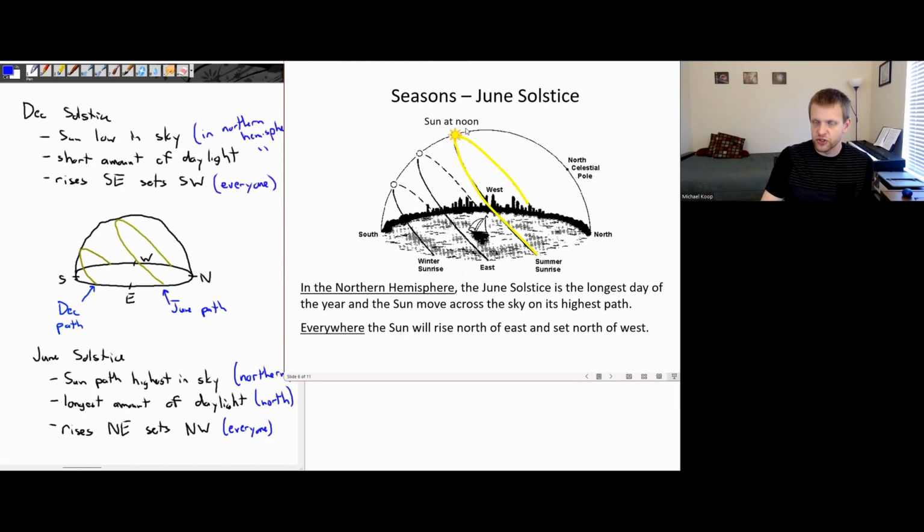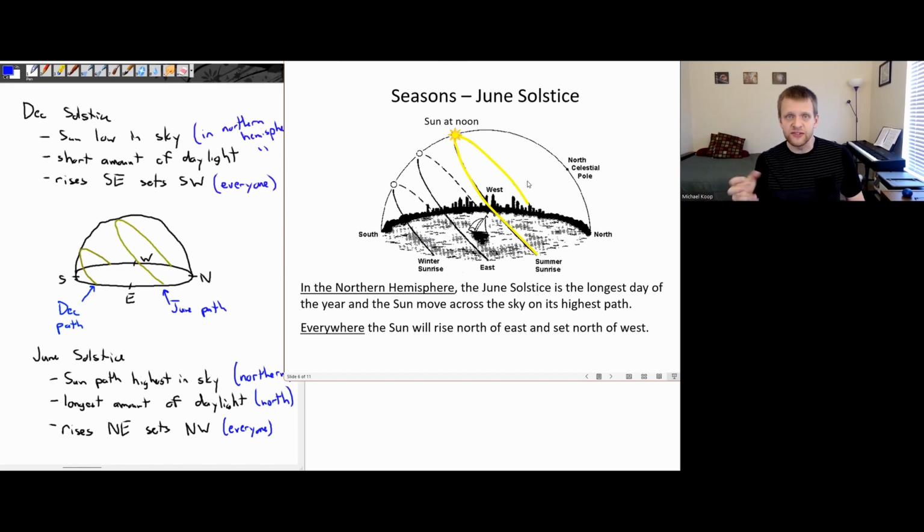One thing I want to mention about this term solstice, let's say we're starting in the December solstice where the sun is taking its lowest path across the sky. As the months go by, the path that the sun takes across the sky is going to get further and further, higher and higher in the sky until it gets that path for the June solstice.